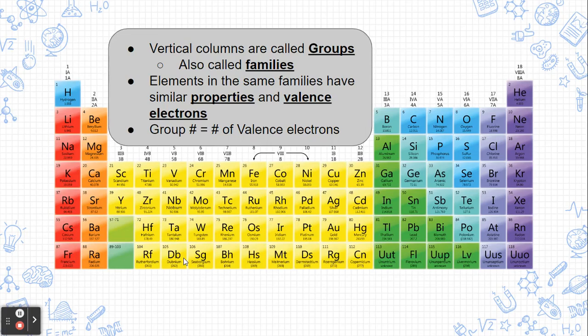This is why they spent years, 250 years ago, building this. Because they had to make sure we are not going to put an element where it could give us wrong information. If I'm going to put an element in a spot, it has to be the perfect spot to tell me that it belongs to the correct family, that it has the same properties as a lot of the things above and below it, and that the group number it's placed in, group 1, group 2, group 3, group 4, and so on, gives me the same number of electrons.